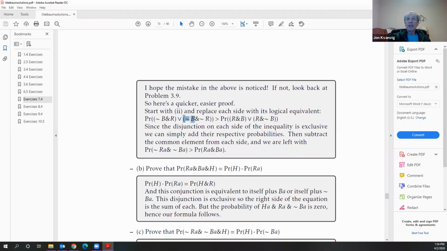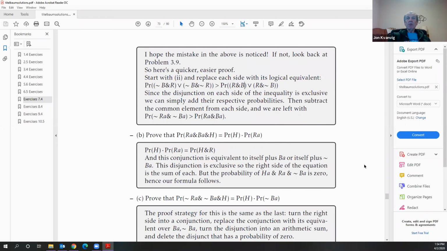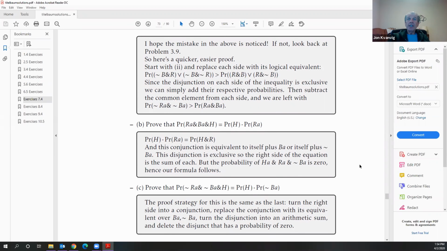So we're left with that conjunction on one side and that conjunction on the other. Okay, so it can be proven actually quicker and easier than the proof I used at the beginning that had a mistake in it. So that's nice.